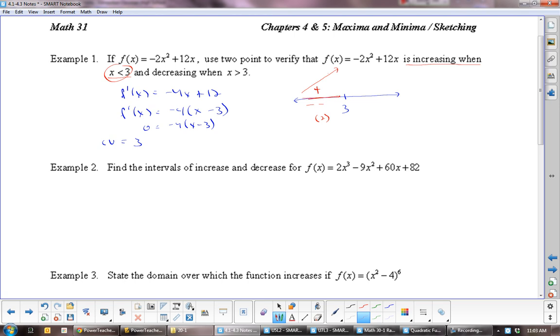Okay, and then pick something on the other side, because it says, is it decreasing when x is greater than 3? Well, I'll pick 4. So we've got our negative, and then 4 minus 3 is positive. So that is a negative.